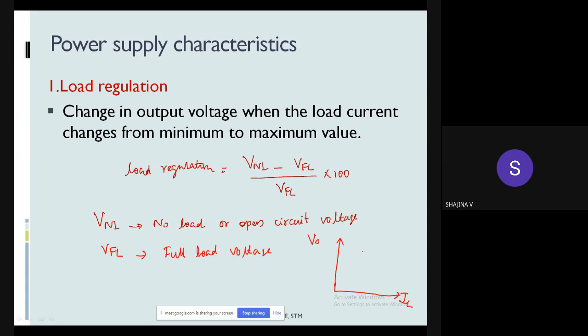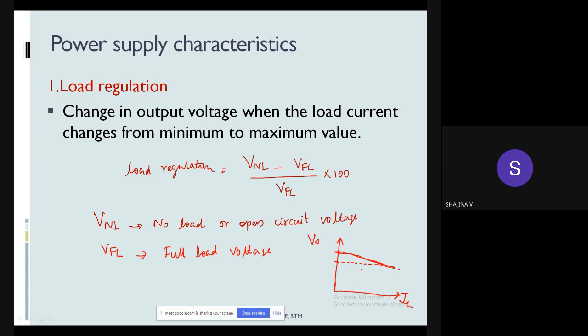Okay, so this will be like this, that is it will change from maximum to a minimum value. Okay, so this will be our full load voltage, and this will be no load voltage. So from this graph practically we are calculating the load regulation.